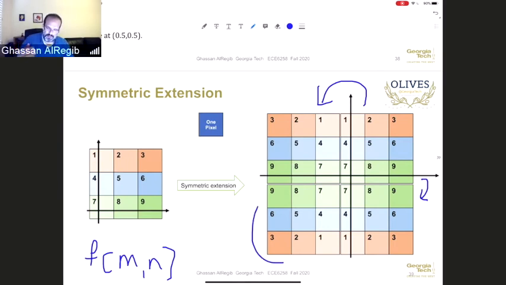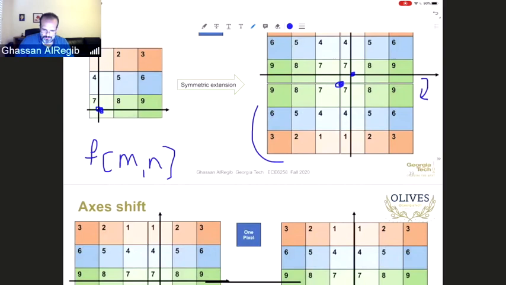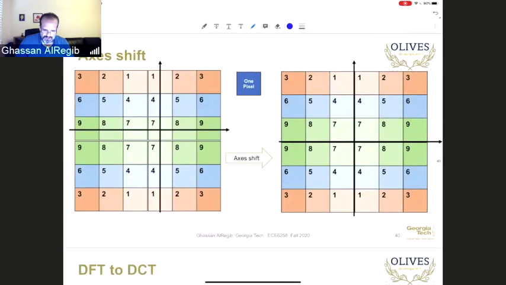That's the first one, f of negative m minus 1 and negative n minus 1. You can see the origin was at this pixel. What I want to do next is to shift it to be here. So I want to shift it by this amount to have this origin.